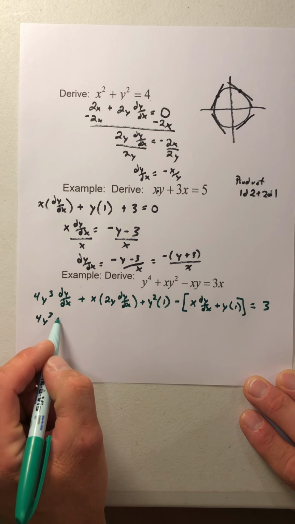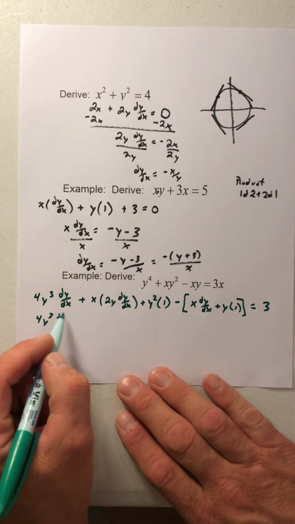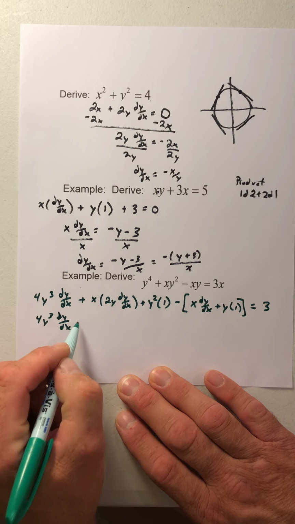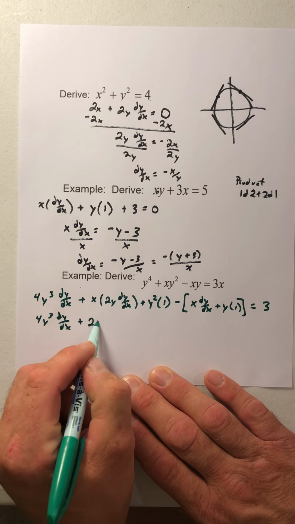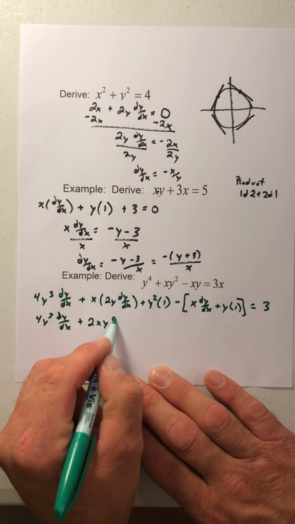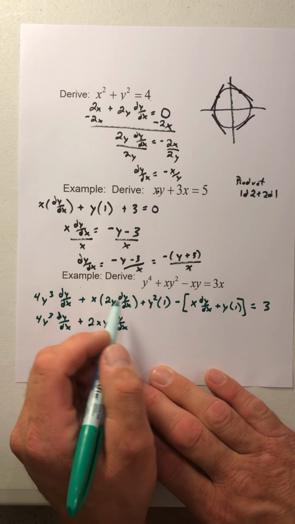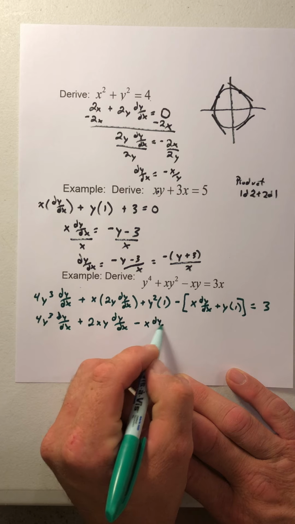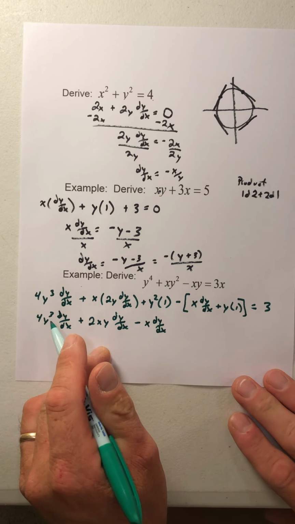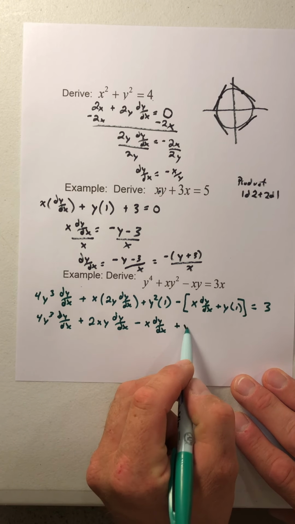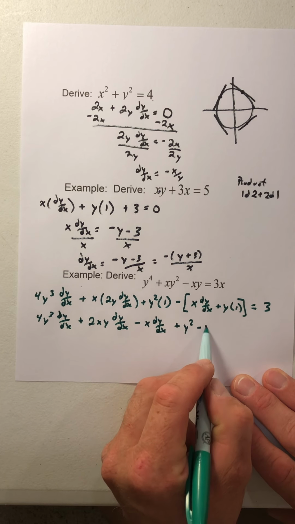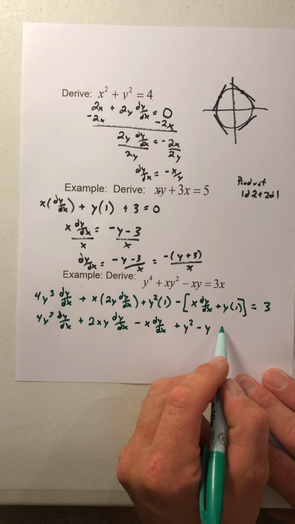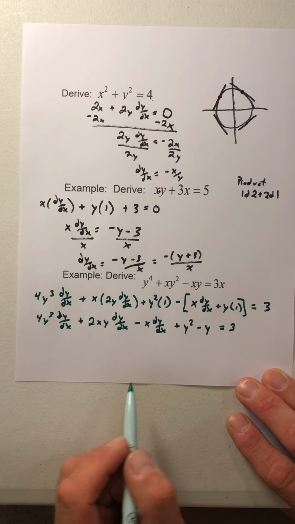So doing that, we have 4y to the third dy/dx. To that, we're going to add, we can clean this up a little bit, 2xy dy/dx. I'm going to bring my minus x dy/dx along with these dy/dx's. To that, we have an addition of y squared and a minus y, again distributing that negative, and that equals 3.